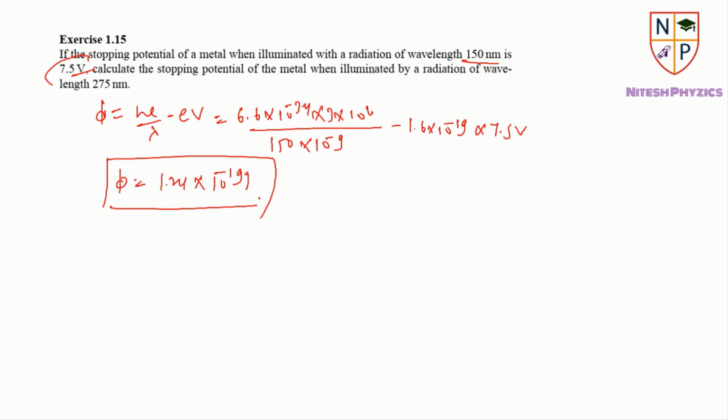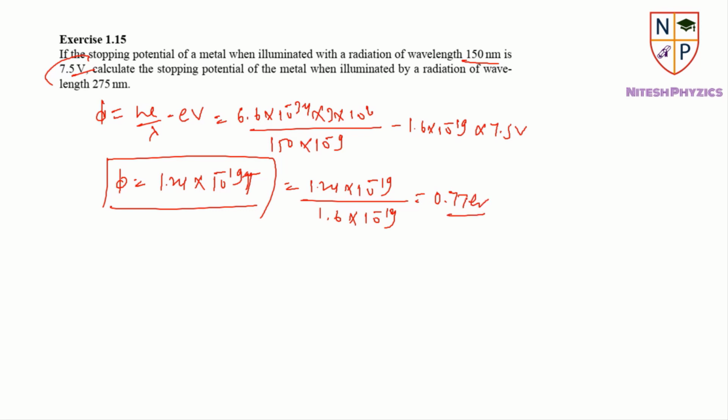That means the work function will be 1.24 into 10 to the power minus 19 joule. Okay, now calculate this work function in electron volt. Simply you can divide 1.24 into 10 to the power minus 19 by 1.6 into 10 to the power minus 19. You will get around 0.77 electron volt.